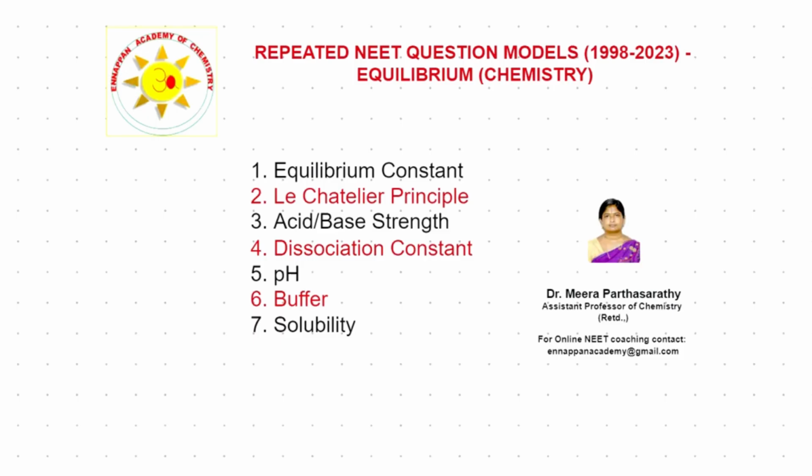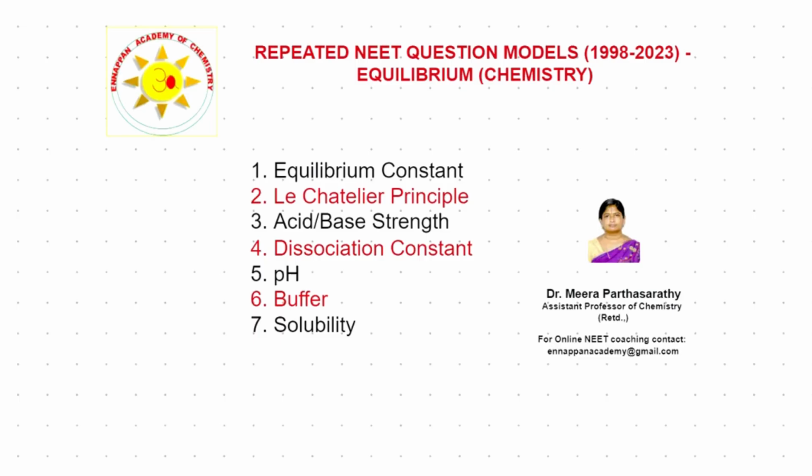If you look at the type of questions, most of the questions from equilibrium unit are numericals. 1 or 2 conceptual questions are also found. The headings we are going to see today are equilibrium constant, Le Chatelier principle, acid-base strength, dissociation constant, pH, buffer, and solubility.